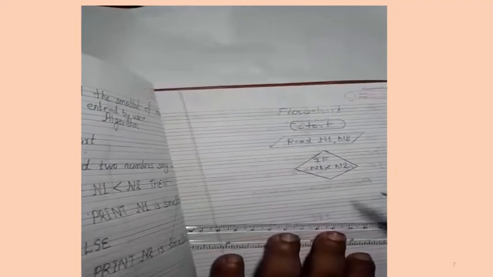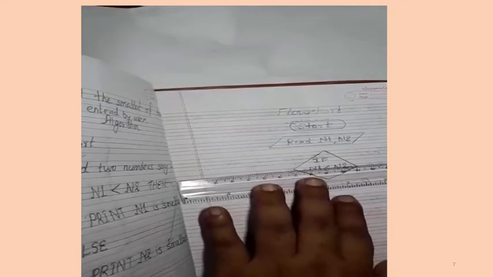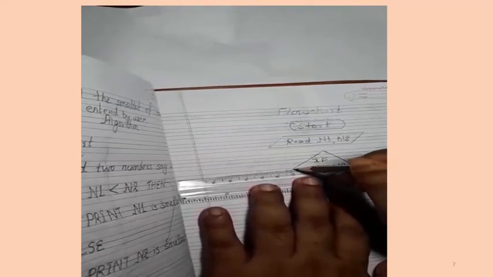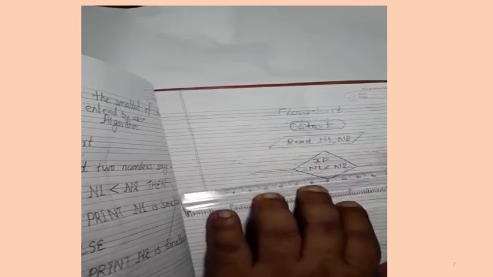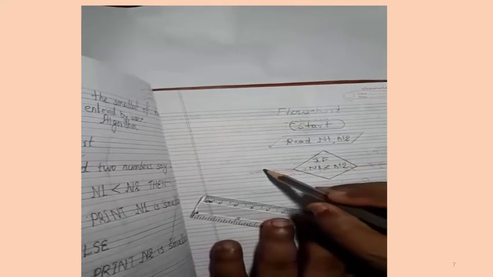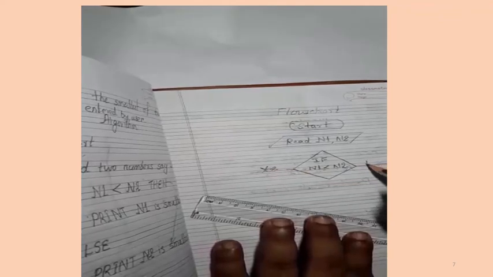Now you can branch out either from this side or here. So we have two conditions, and since you don't have to go up, I am taking the two sides so that I can write it properly. So let us say this branch is for yes, means if it is true, and this branch is for no, means it is false.